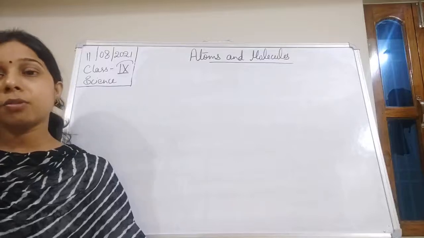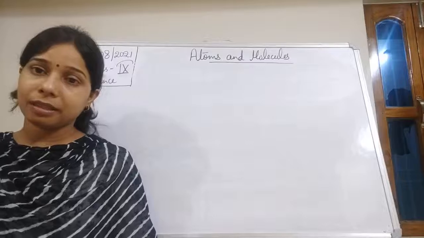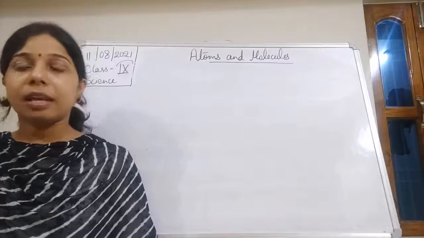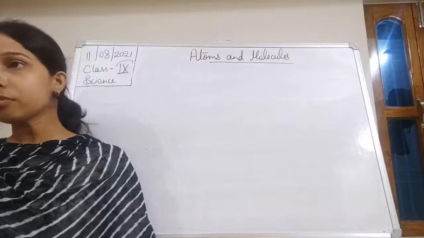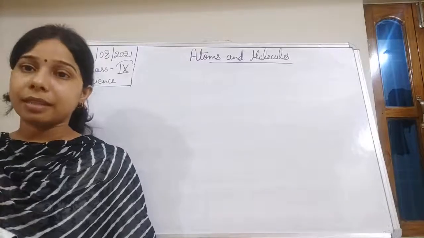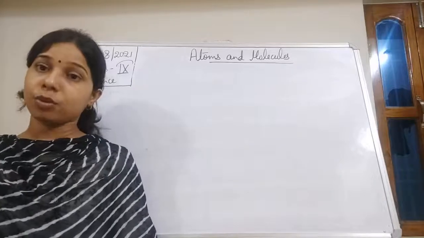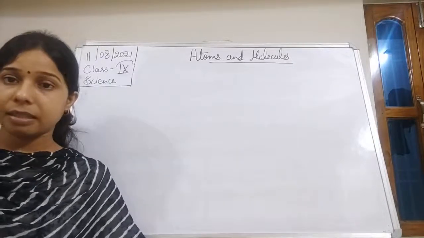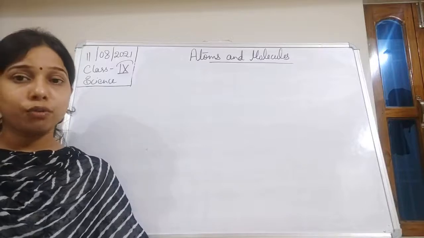Like in the case of potassium, kalium is the Latin name, so K is used. In the case of gold, aurum is there. In the case of iron, ferrum is there. So these are the Latin names which are taken.